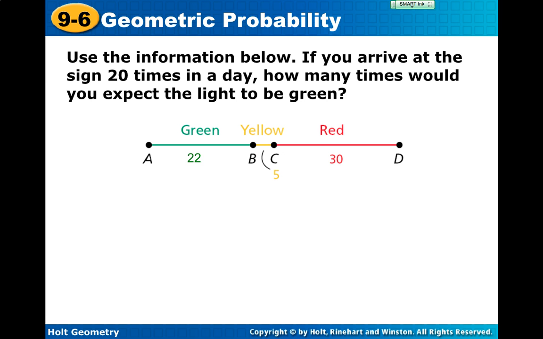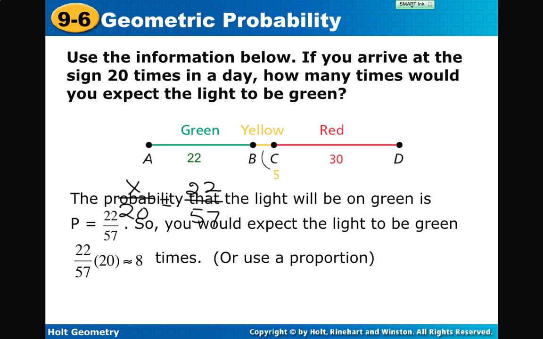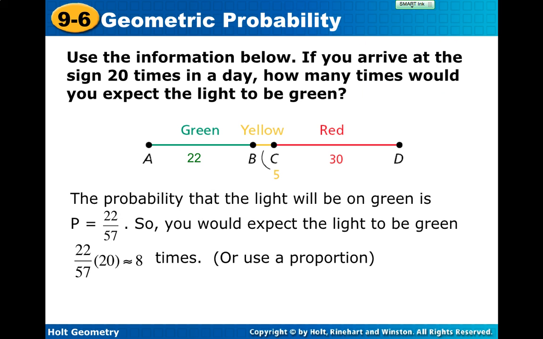And just to check, you would be going, how many out of 20 is 22 out of 57? That's what you're cross multiplying. And it comes out about 8 times. Correct.